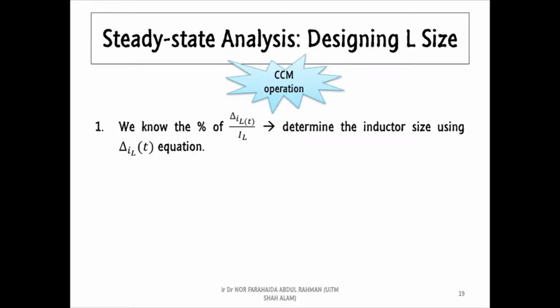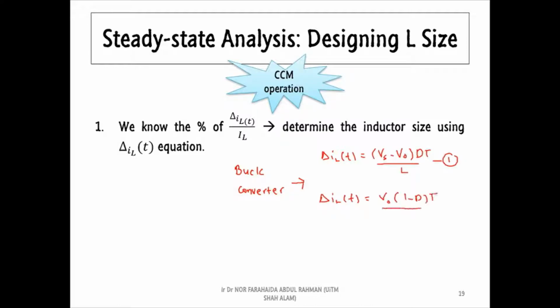First, you already set the percentage of the ripple inductor current. For a buck converter, you can use the following equations. You can use either equation 1 or 2 for your calculation.